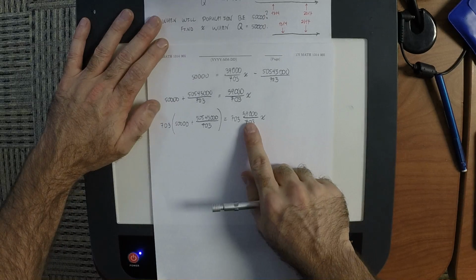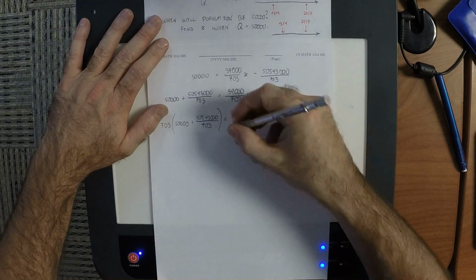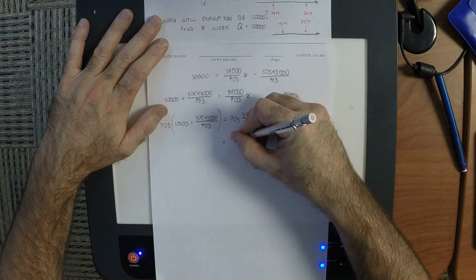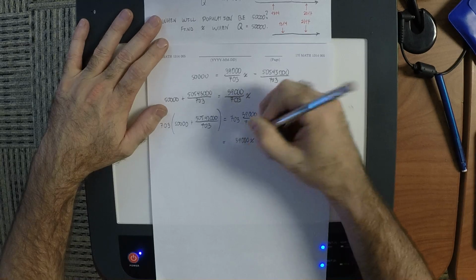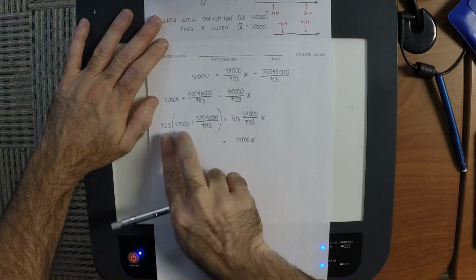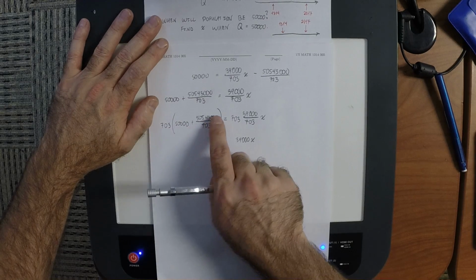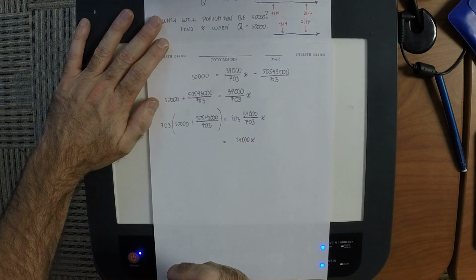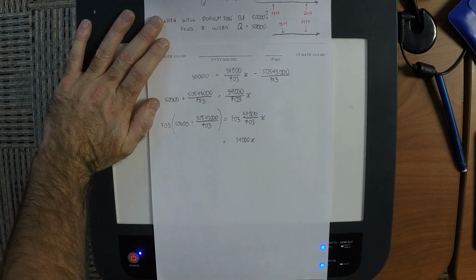Do you observe that on the right-hand side the 703s would cancel? And you would have 39,000 x's. Then when you distribute this to the 50,000, that's just multiplication. But when you distribute the 703 to this fraction, what happens? The 703s cancel.